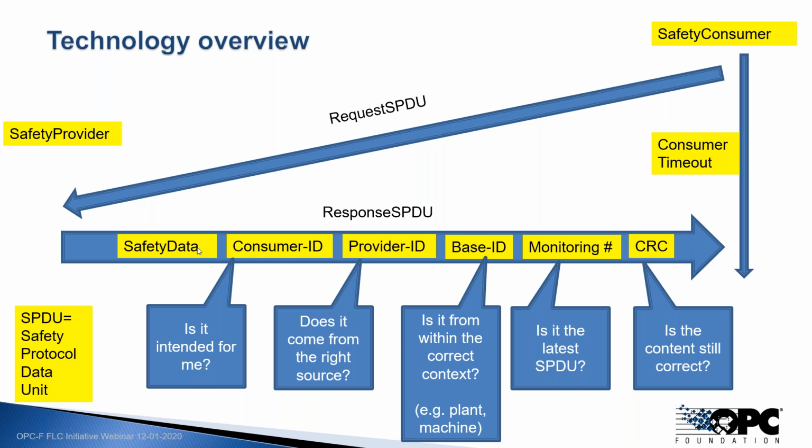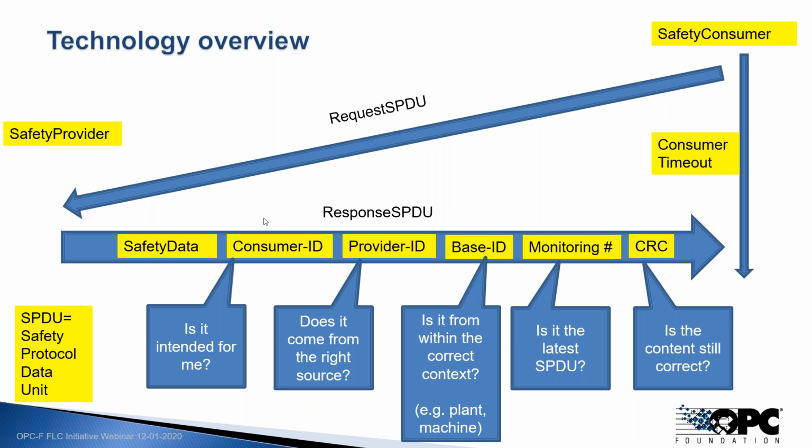In addition to the safety data, there are multiple fields which contain information which allows the consumer to check whether the transmission of this data was correct. For instance, the first field, the consumer ID, is used to check whether this is really the reply to the request I posted.